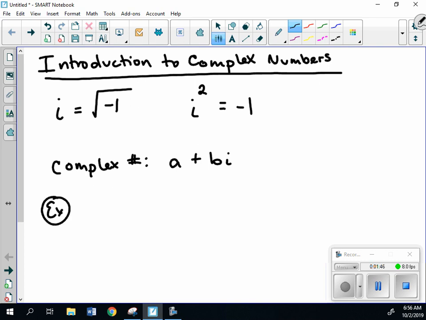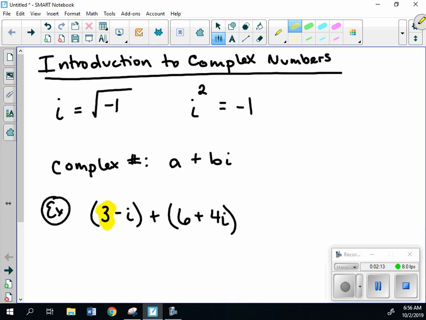So for example, if I were to have 3 minus i plus 6 plus 4i. When you're adding complex numbers, it's kind of like when you're dealing with regular polynomials and you're combining your like terms. When you're adding and subtracting those complex numbers, it's the same concept.